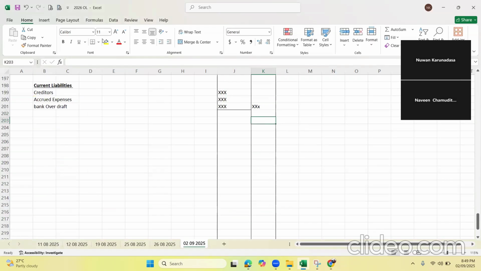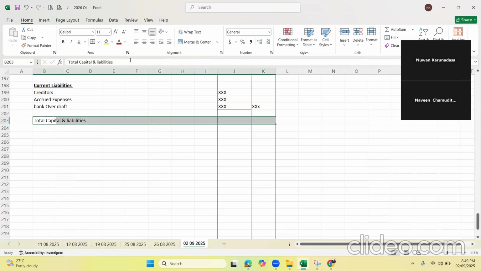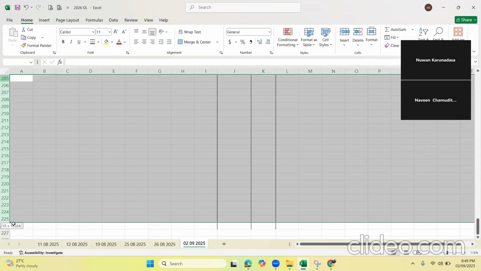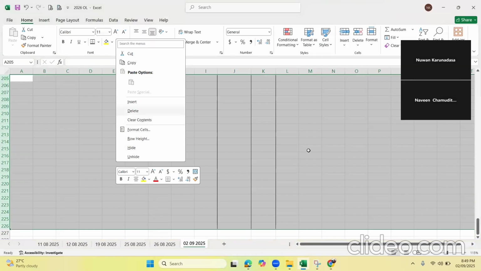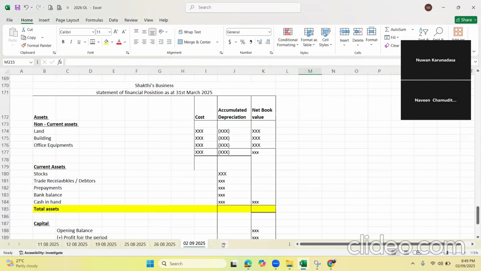That is total capital and liabilities. Right? So this is the final format of the statement of financial position. Remember, student, these formats are very important.